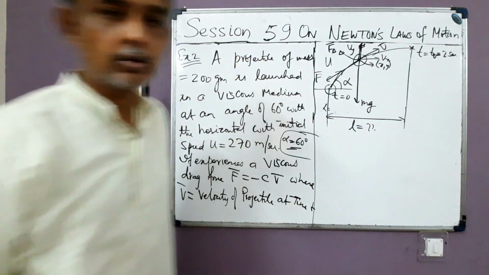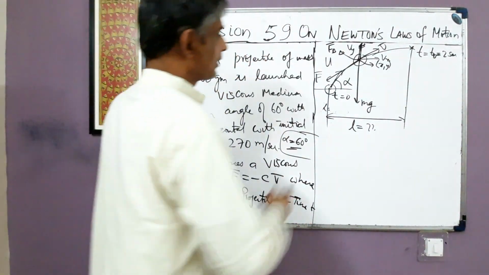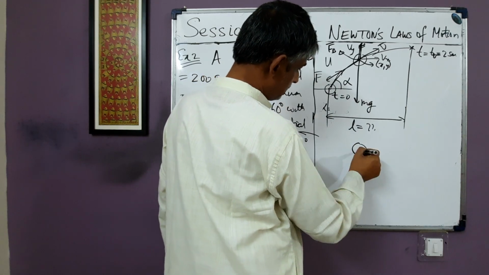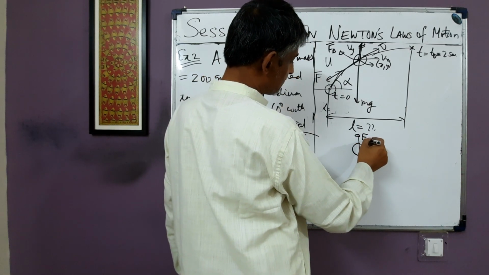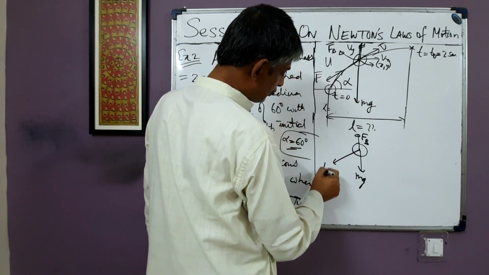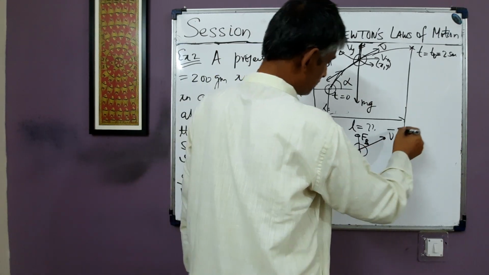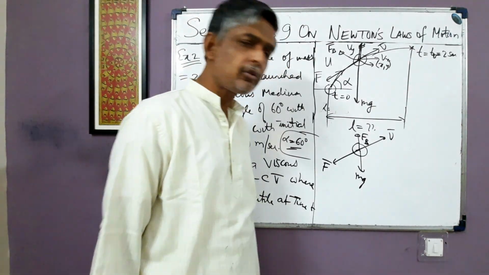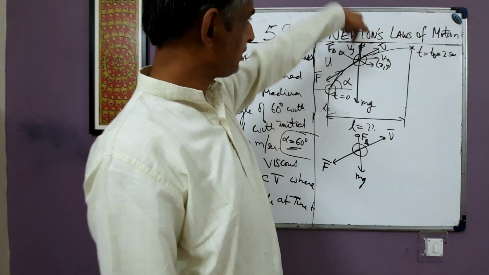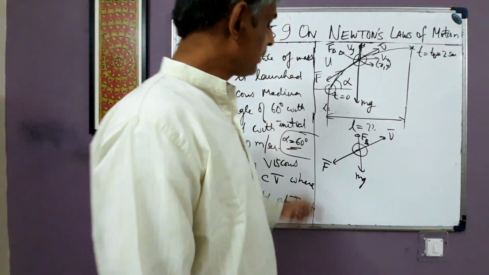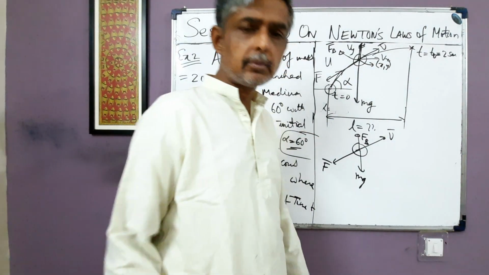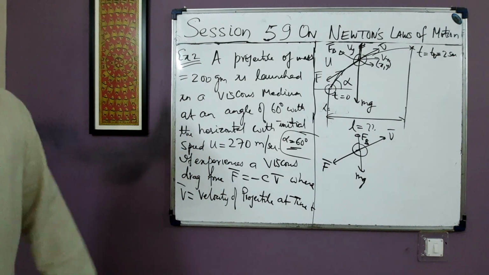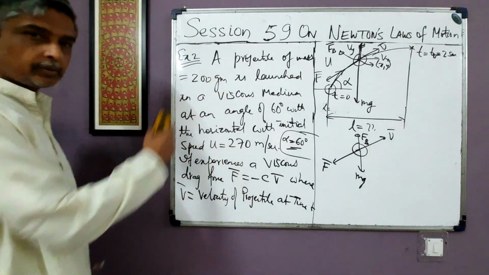So the forces on this object are mg, buoyant force Fb due to the viscous medium, and resistance force F opposite to its direction of velocity. Here we don't have to set up Newton's laws of motion for the object in the vertical direction. It is of no use. Only by considering the x component of motion, the problem can easily be solved.